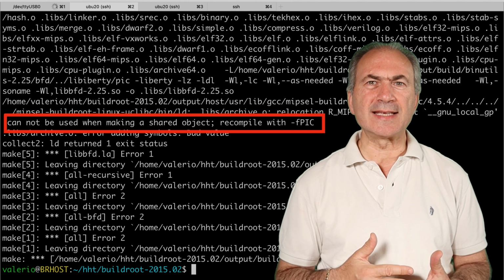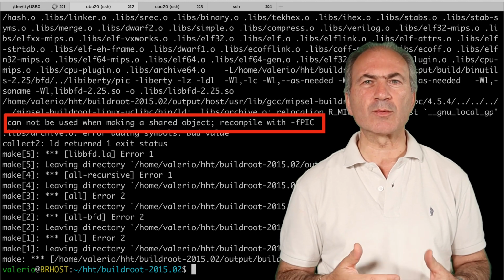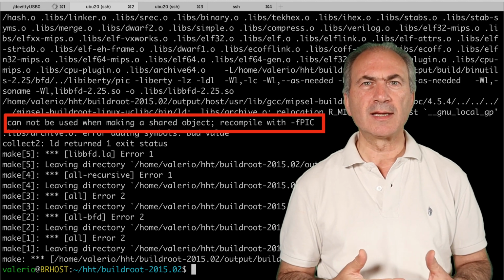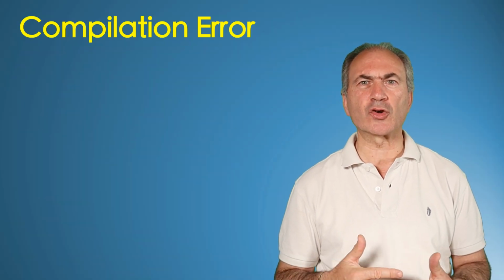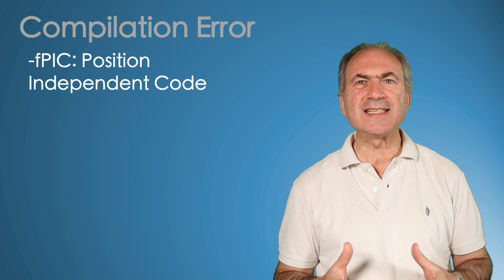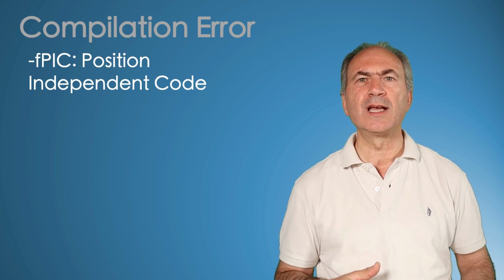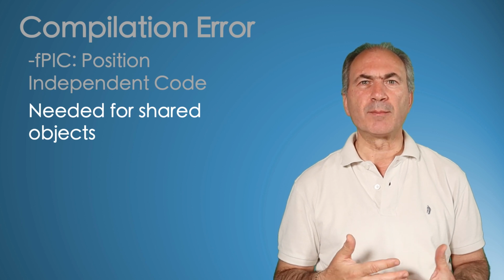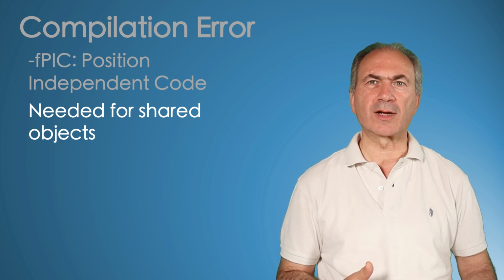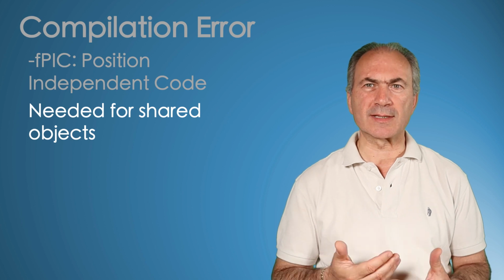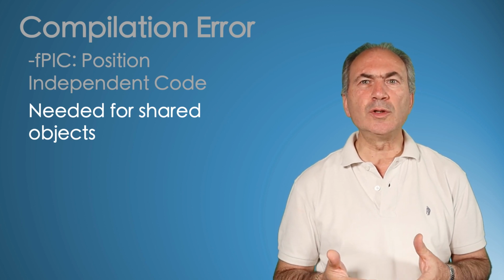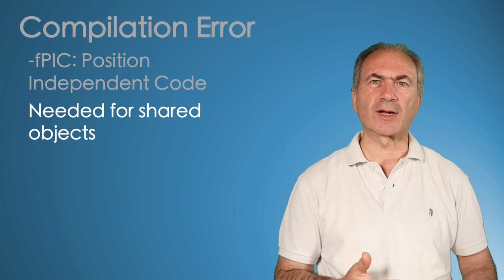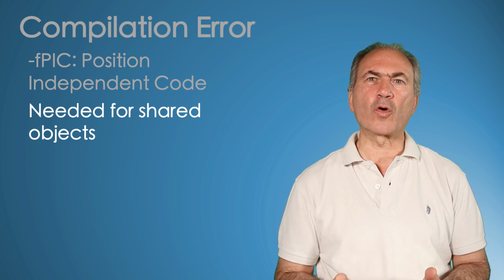The error says that we are not using the -fPIC option in compiling some shared object. PIC stands for Position Independent Code, and it is a switch that should be used when compiling shared objects like library functions, because when a shared object is loaded in the process address space, it could be possible that the address desired by the shared object is already occupied.